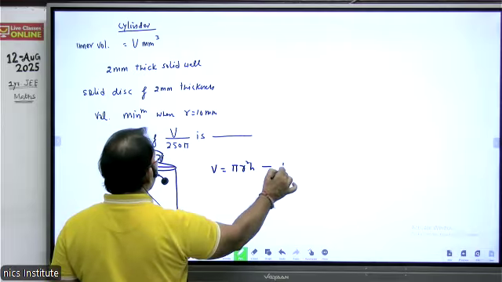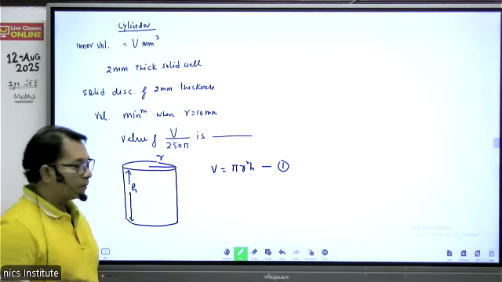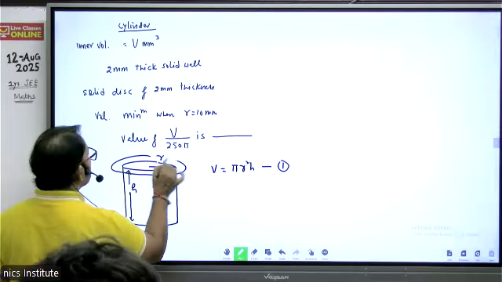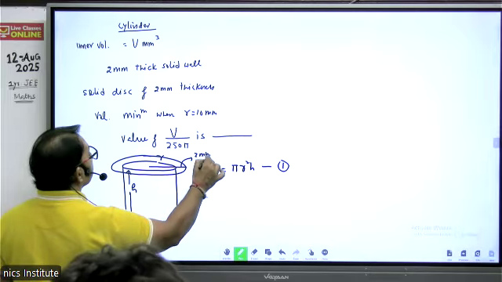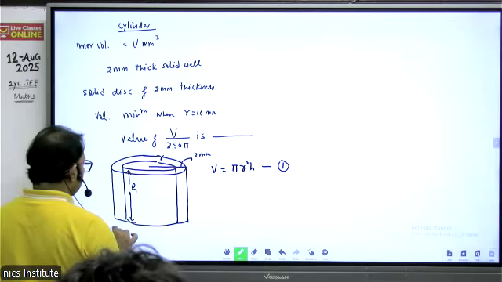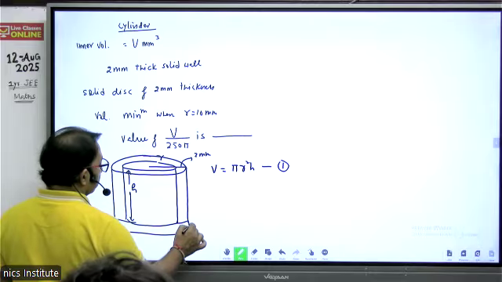This is equation number 1. V is a constant here. Inner volume is fixed. Now you have outer thickness, or how much thickness is there? 2 mm. And at the bottom also you have a disk of thickness 2 mm.